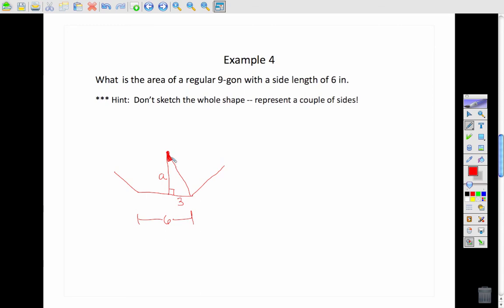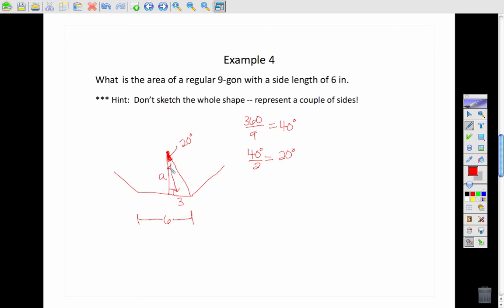And since I only know one side, I'm back to having to use some trig. So I need to know what this angle is right here. Okay, so remember I do that by taking 360 and dividing it by the number of sides. So that's 40. And then I take that 40 degrees and I divide it in half. So I have a 20-degree angle right here that I'm working with.